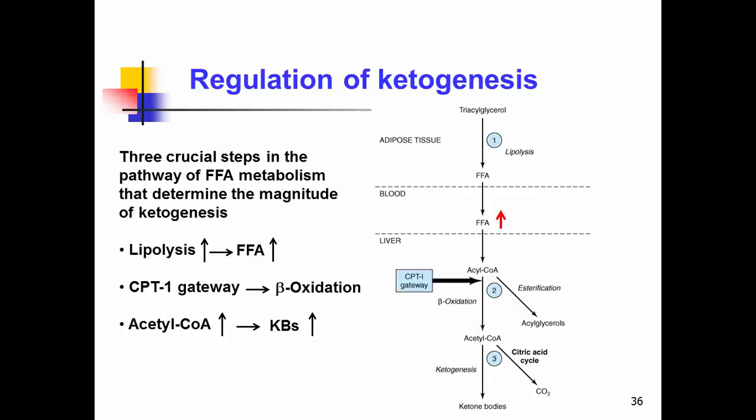We already mentioned a couple of times that fatty acid levels are the main driver for ketogenesis. Under fasting conditions, a lot of fatty acids are released from adipose tissue, basically due to increased catecholamine and glucagon levels, which increase lipolysis, right?